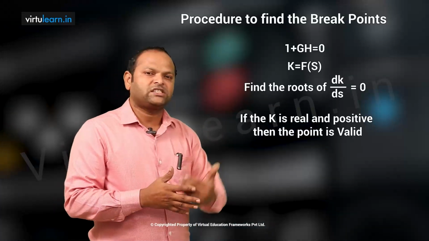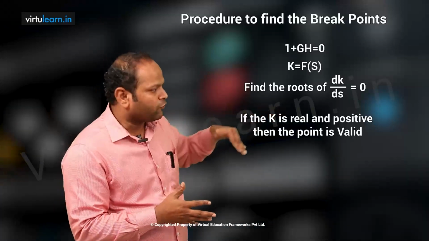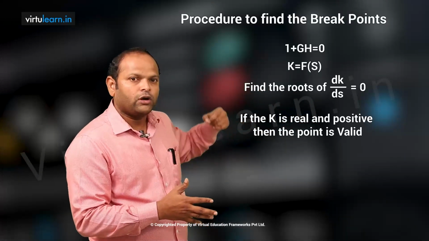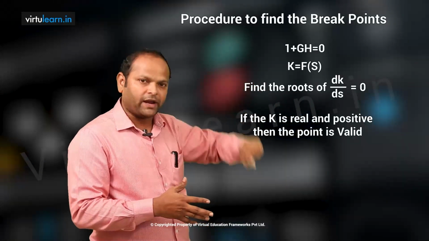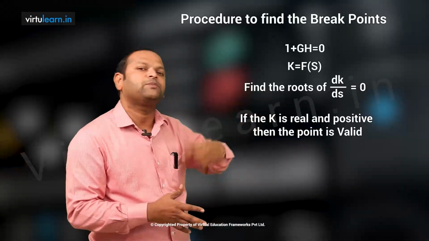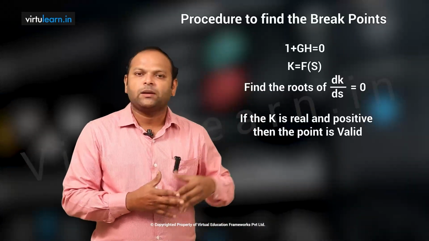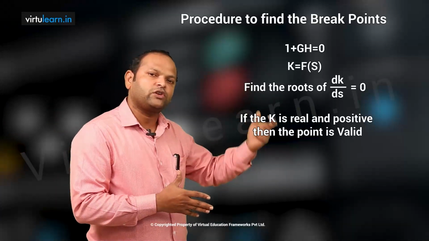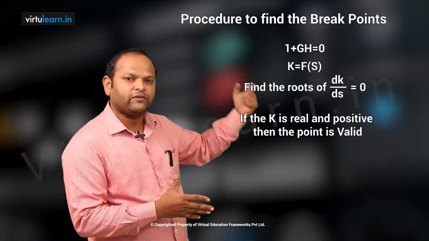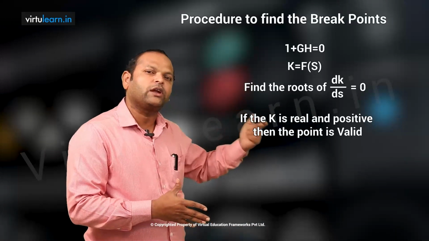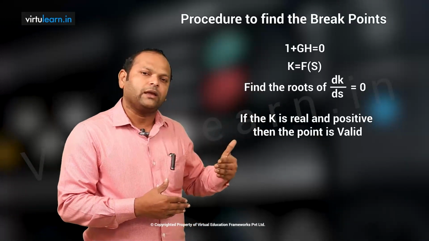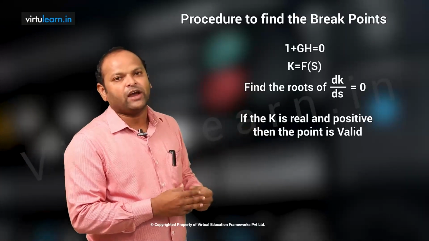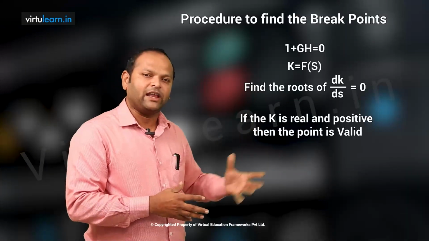For example, if you have 4 poles, one at 0, another at minus 4, and plus j4 and minus j4, there is a possibility of a complex breakpoint. Whenever the root of dK/ds equals 0 is complex, substitute it in K equals f(s) and look at the value of K. If K is real and positive, that complex point is a valid breakpoint; otherwise it is invalid.